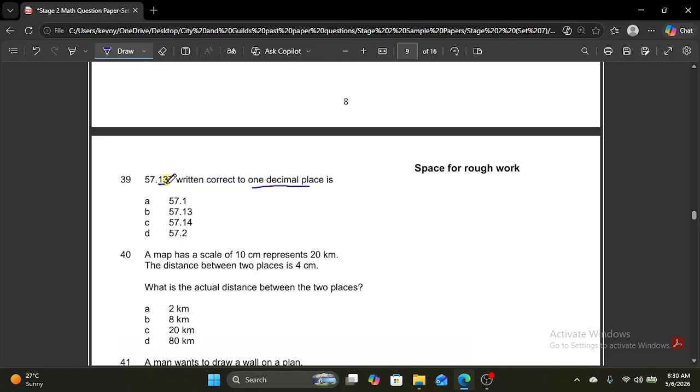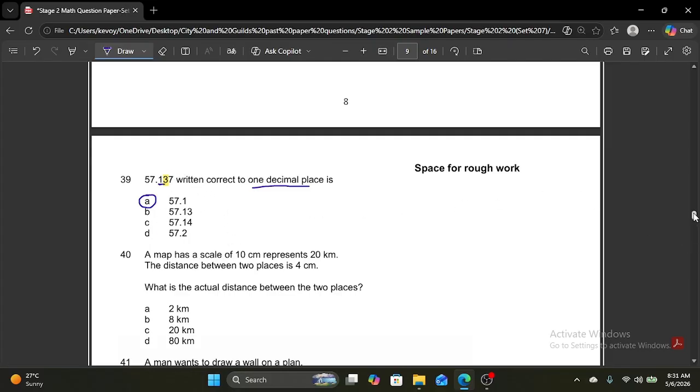But because it is less than 5, we'll let the number remain as is, and everything after will basically cancel out. So we'll just be left with 57.1, because 3 is less than 5. Everything else will be removed after the 1.